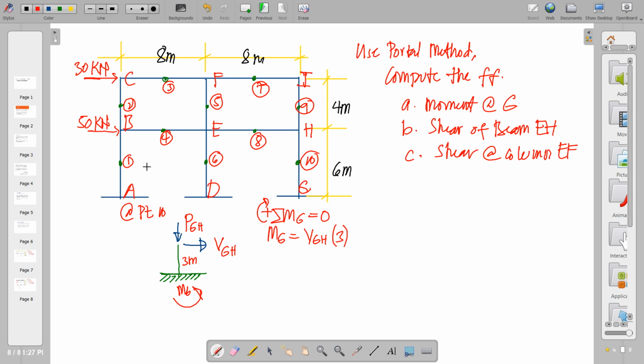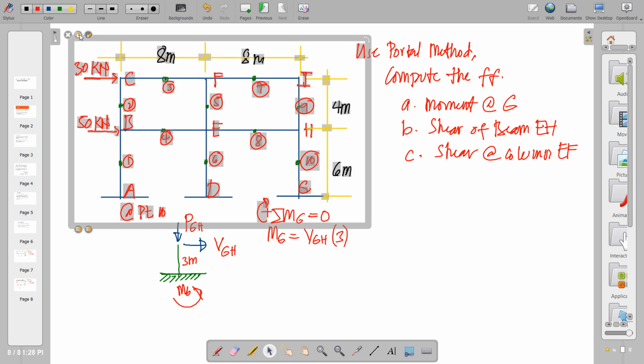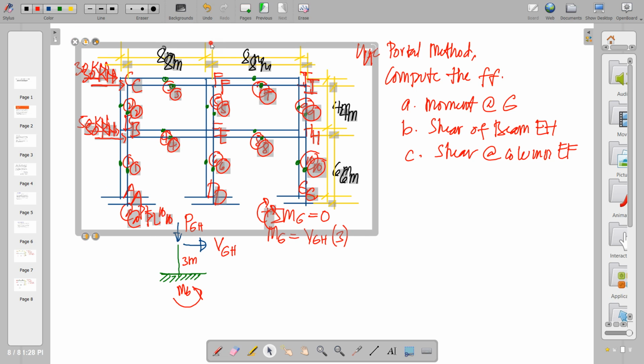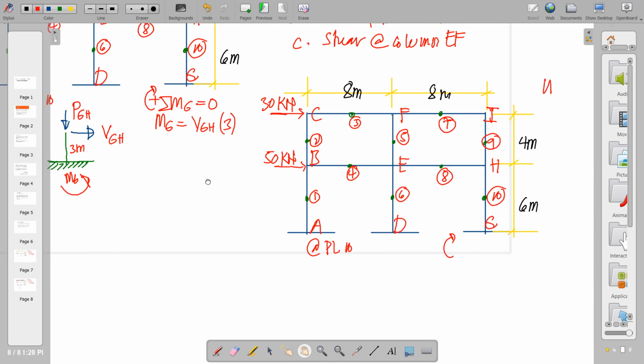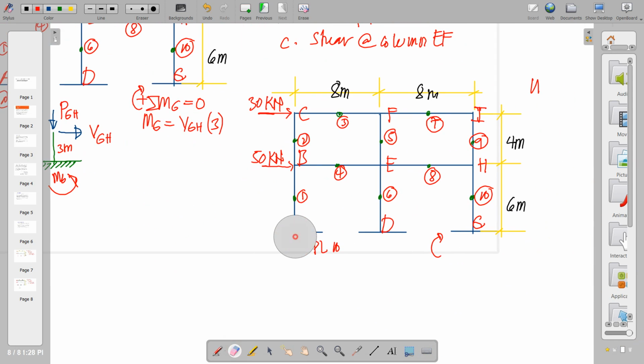So we can do that by cutting all of this. Perhaps you can have this figure. Then we'll just have to delete and consider the mid height.